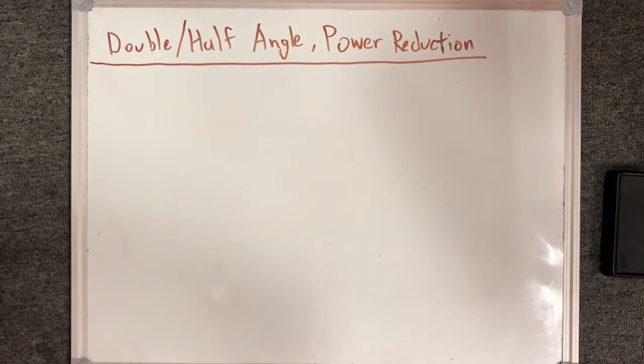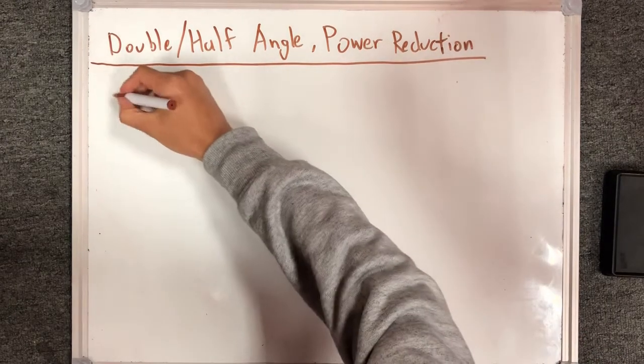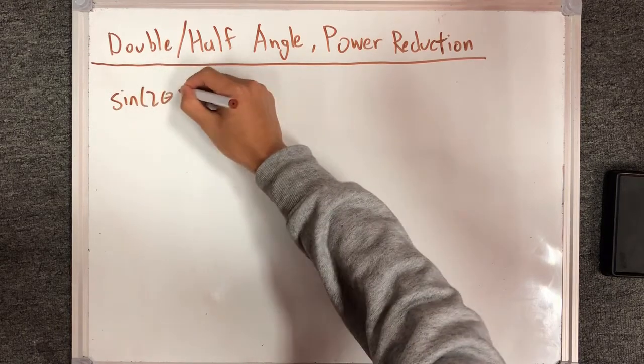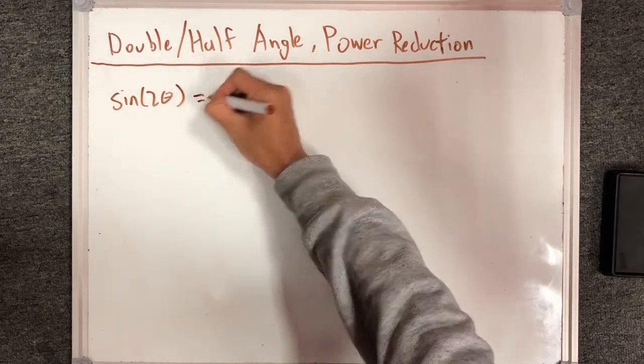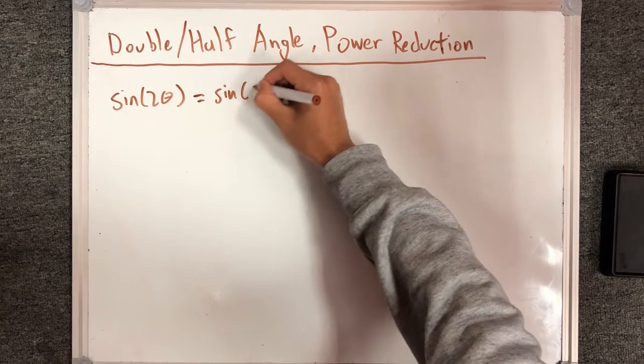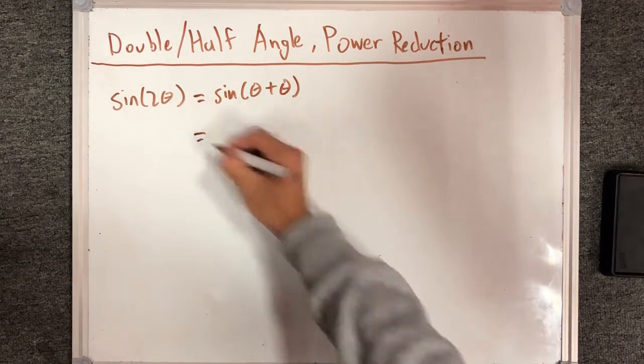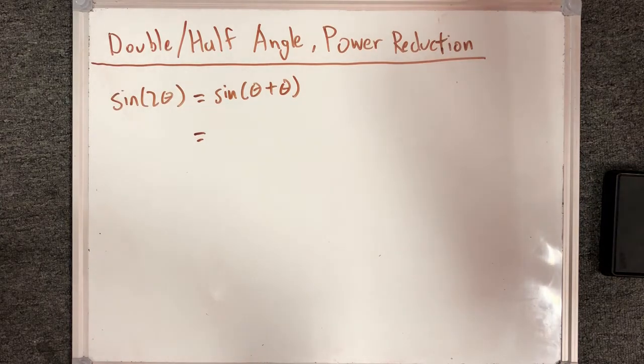Hello everybody, today we're going to look at the half angle, double angle, and power reduction formulas for sine and cosine. So, if I wanted to find the sine of 2 theta, I can rewrite this as sine of theta plus theta. In this form, I can now use the angle addition formula.